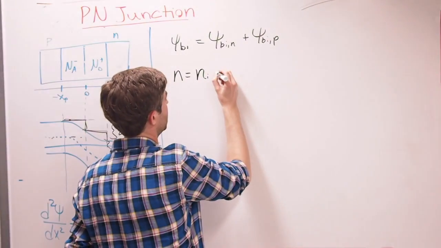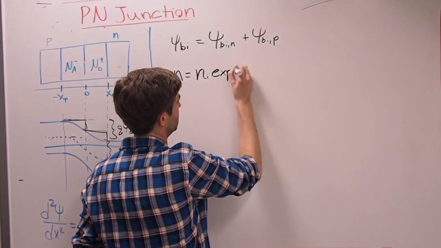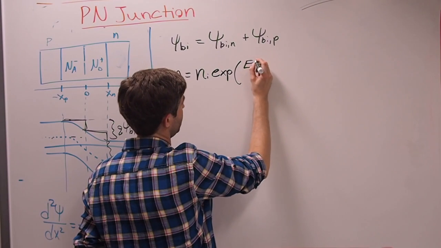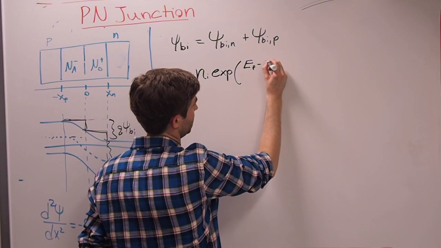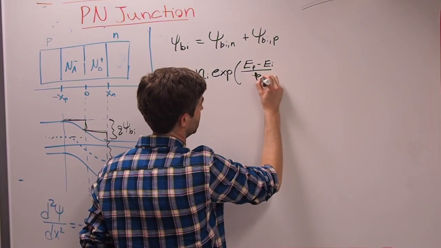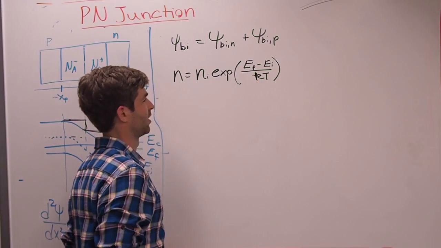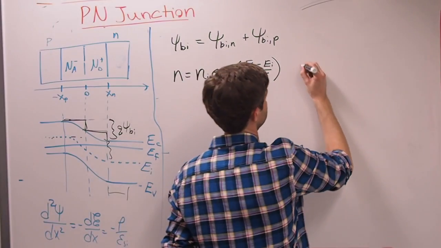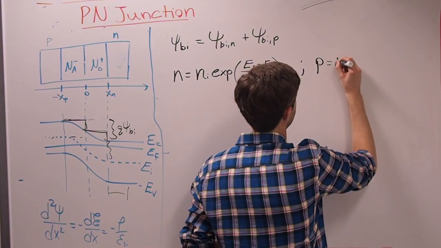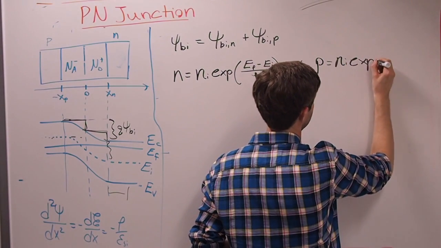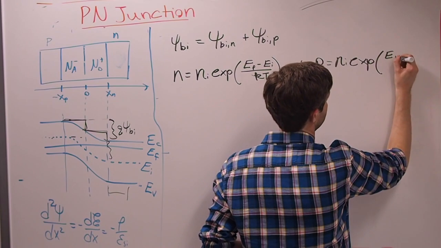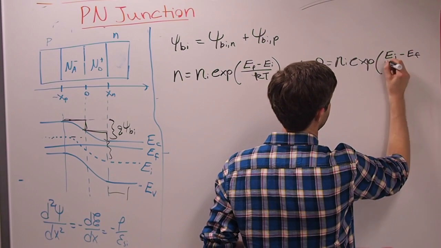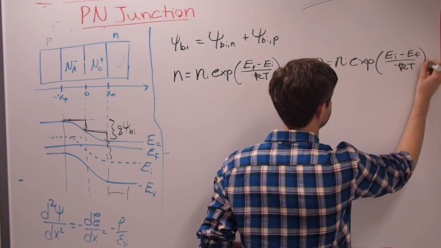N is equal to Ni exponential EF minus EI over KT. Similarly, holes are equal to Ni exponential EI minus EF over KT, just like that.